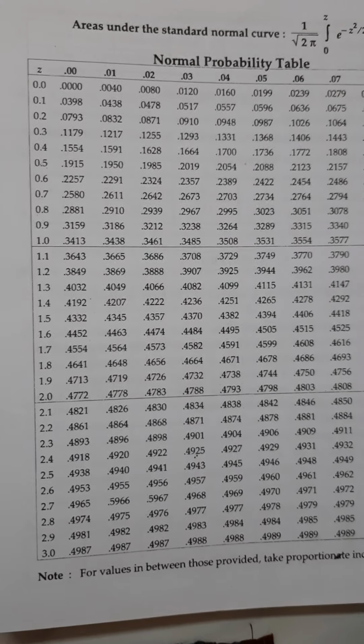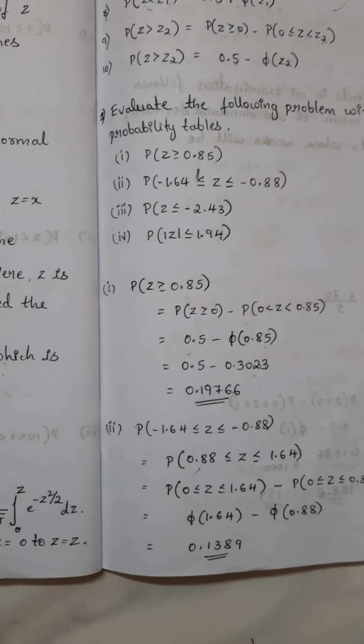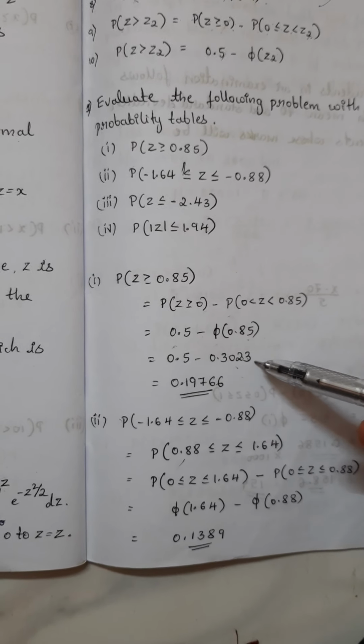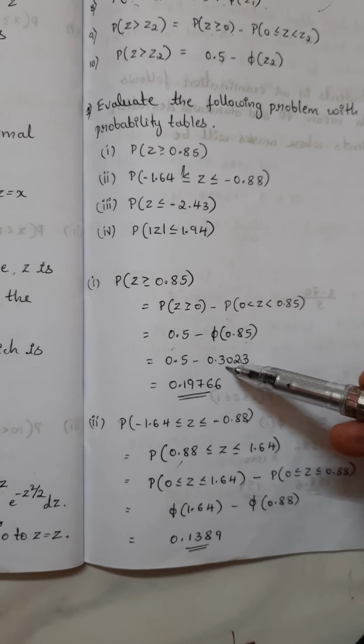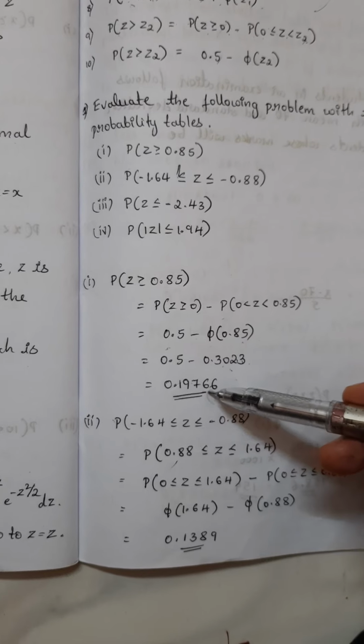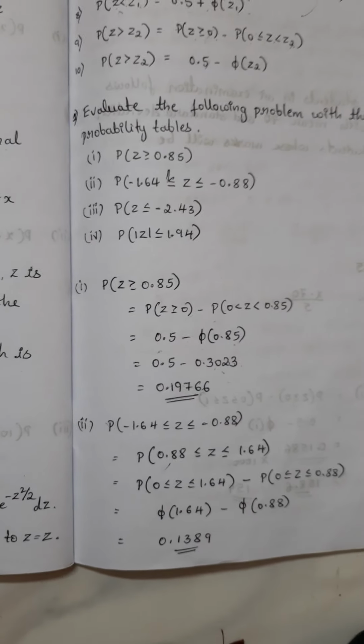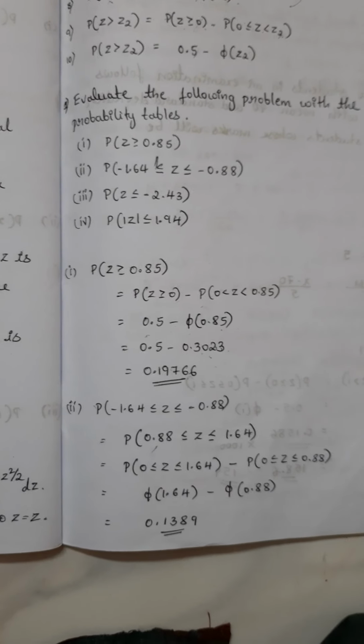This is how we should calculate the normal distribution value. Phi of 0.85 is 0.3023. So 0.5 minus 0.3023 is 0.19766. Or you can also use your calculator to calculate this phi of 0.85.